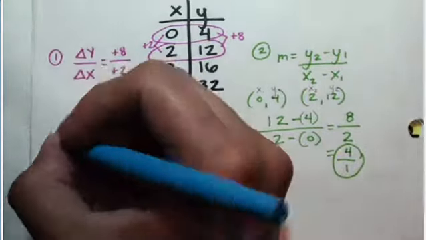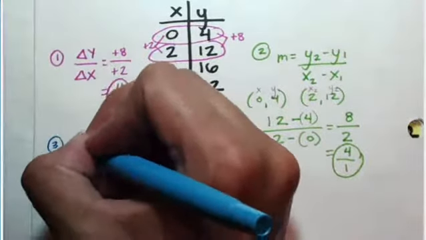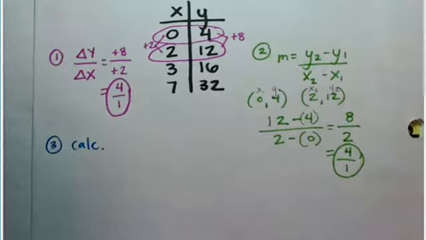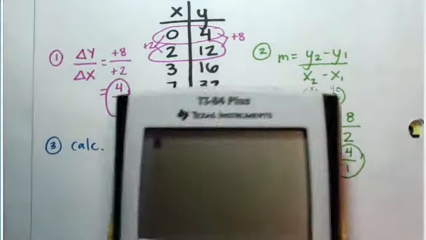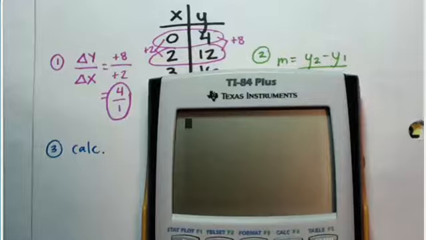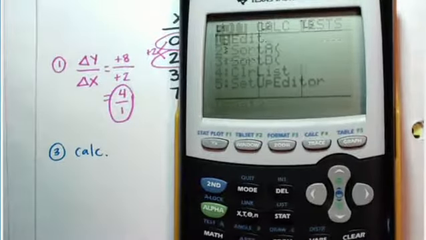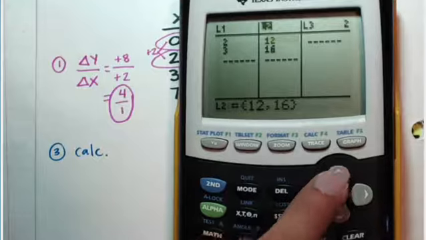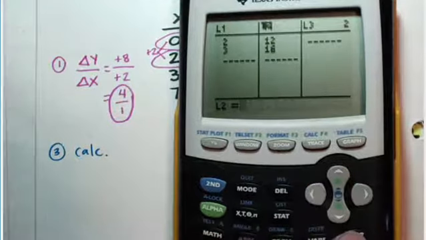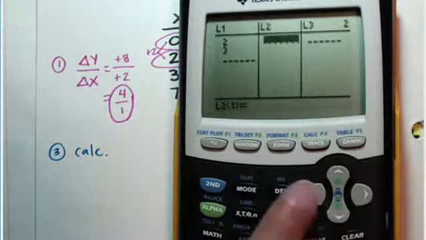The third method I'm going to use is my calculator, because we know how to enter this table into the calculator. So, to refresh your memory, I'm going to go to Stat, Edit, which is 1. Let's go ahead and enter this in. So I need to clear my L2, so highlight L2, push clear, enter.